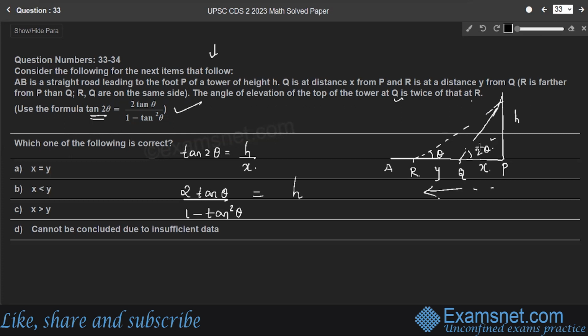So can be equated to h by x, right? What is tan theta? So consider angle of elevation theta at r, right? So tan theta is equal to opposite side is h by adjacent side is rp here, which is x plus y, h by x plus y.